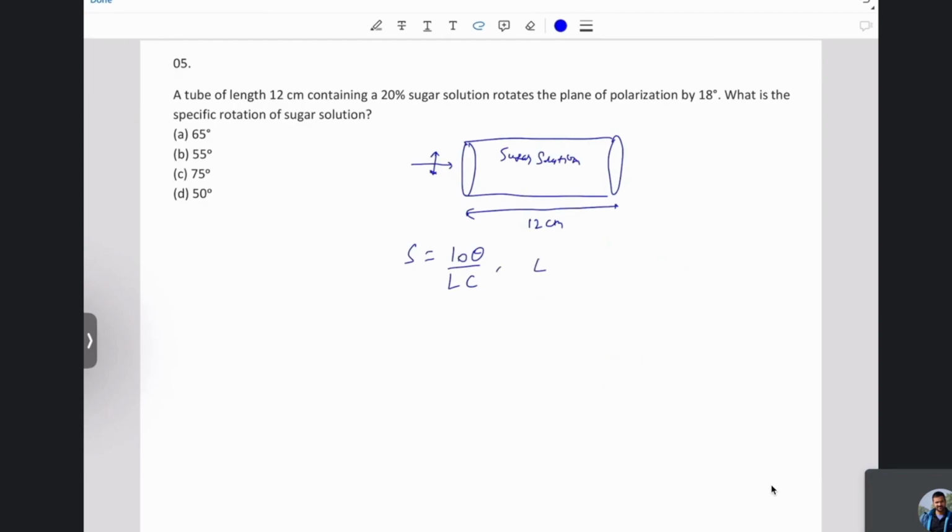Where L is the length of the tube, C is the concentration. So this sugar solution, if you have studied some chemistry, you know about chirality. Do you know chirality? Okay, maybe you can look at it later.